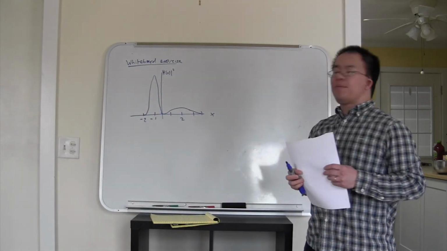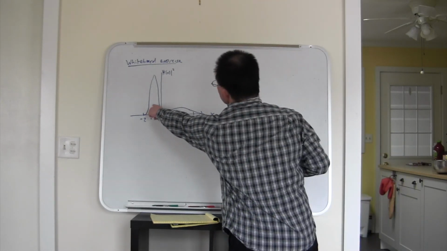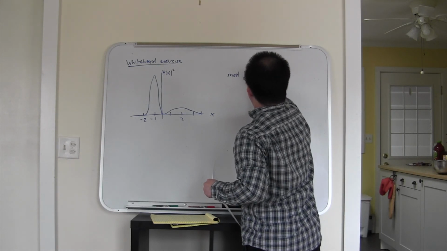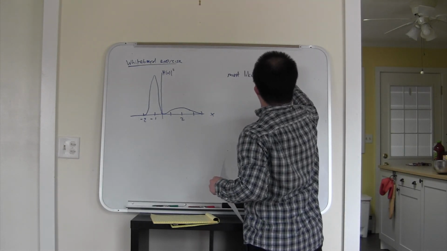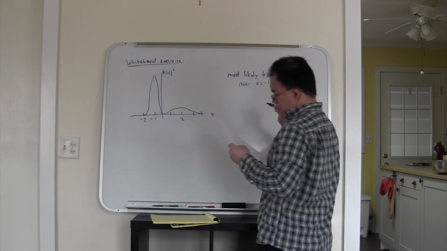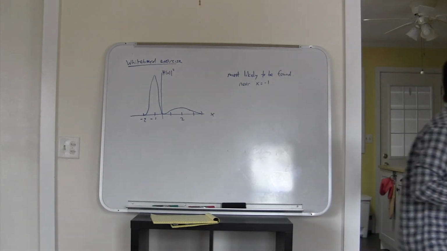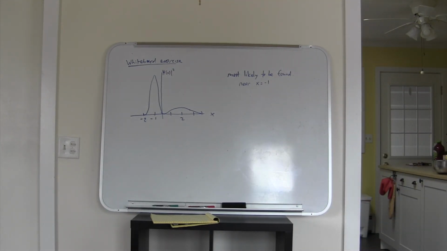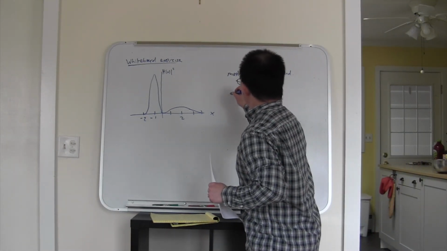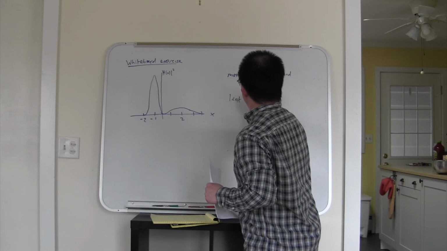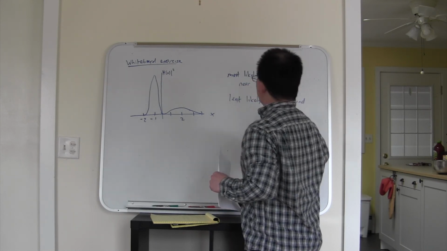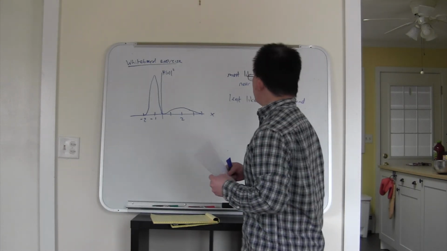Now the particle has the most probability density right around here, so near x equals -1, and least likely to be found right where the probability density is 0.